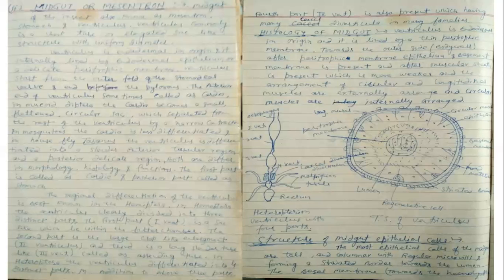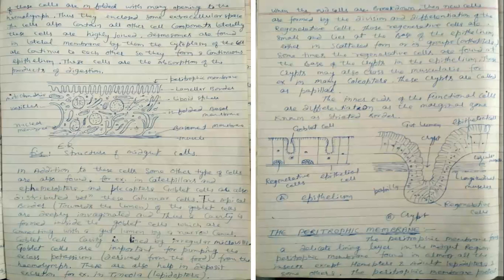The basal membrane of these cells towards the hemolymph is infolded, with many openings to the hemolymph. Thus, they enclose some extracellular space.